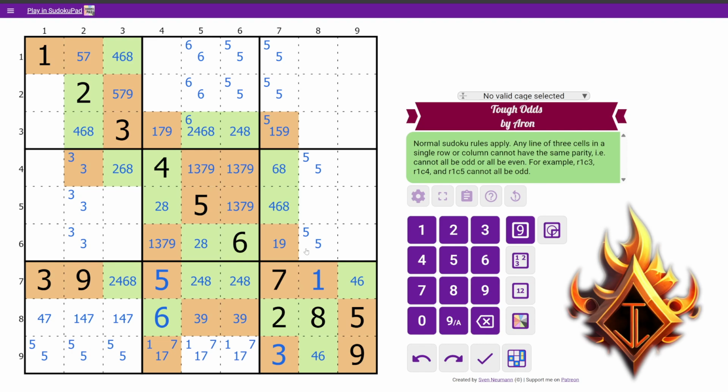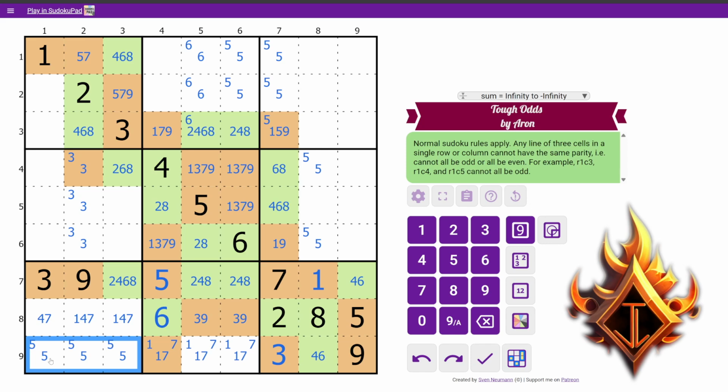Okay. One and 7. One of them is here. 1, 2, 3, 4. There's only one more odd down here.